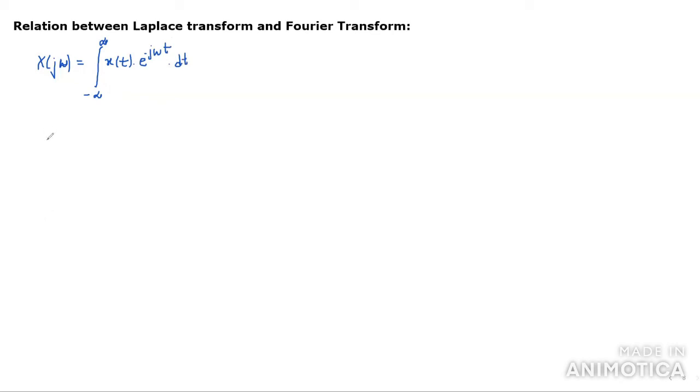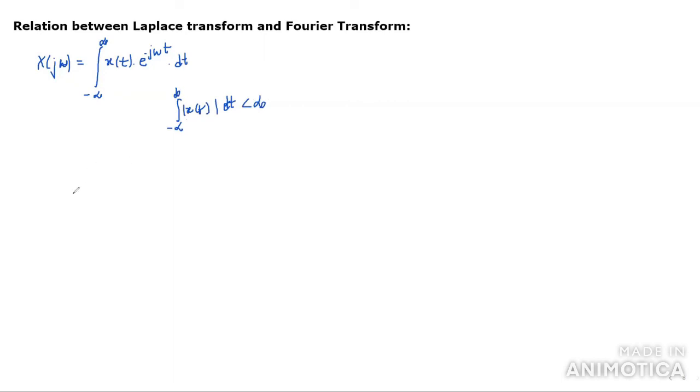In general, this Fourier transform exists if the area covered by x of t is less than infinity, that is, the integral of mod x of t dt must be less than infinity. There only it exists.